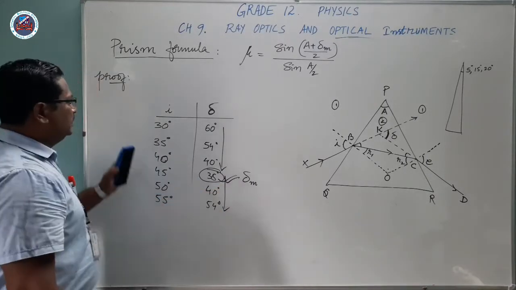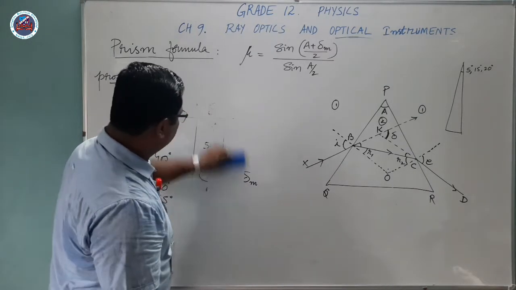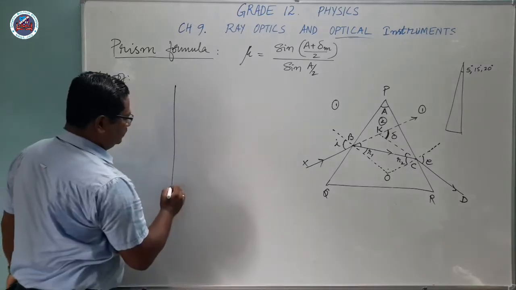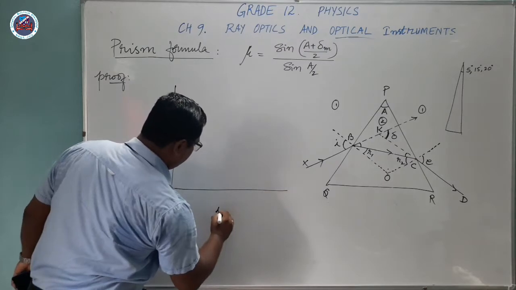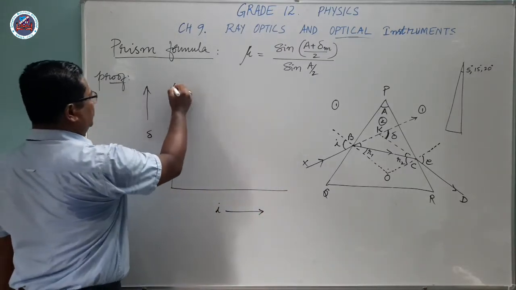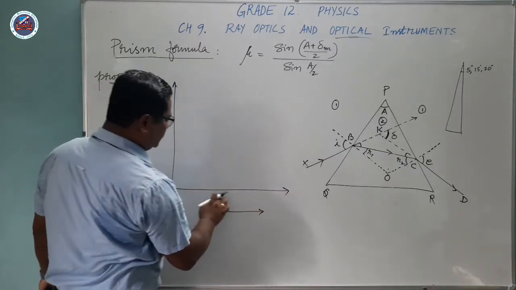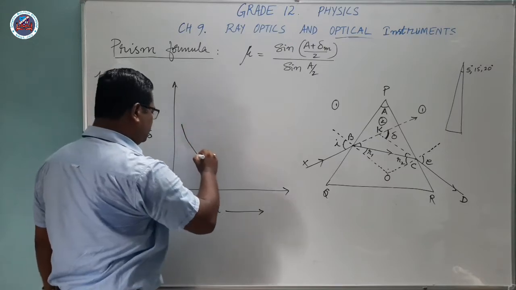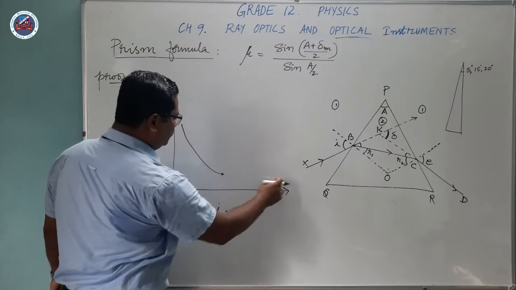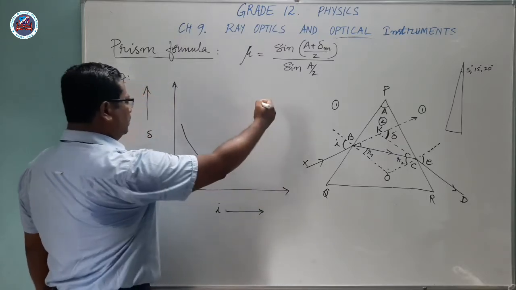If you plot it in a graph, it will look like this. If I take angle of incidence along the x-axis and angle of deviation along the y-axis, then it will come down like this. As the angle of incidence goes on increasing, at first the angle of deviation becomes lesser and lesser. It will reach a minimum value, and if you go on increasing the angle of incidence further, the angle of deviation will again become more and more.